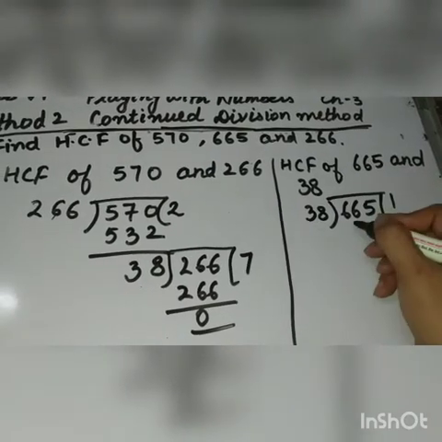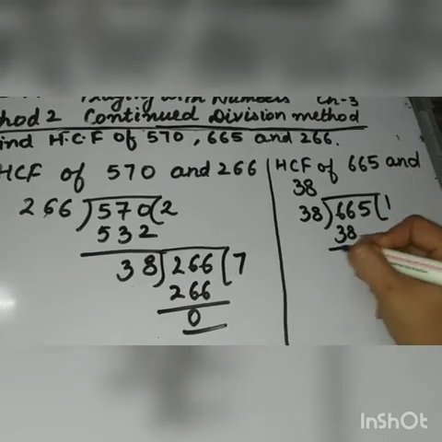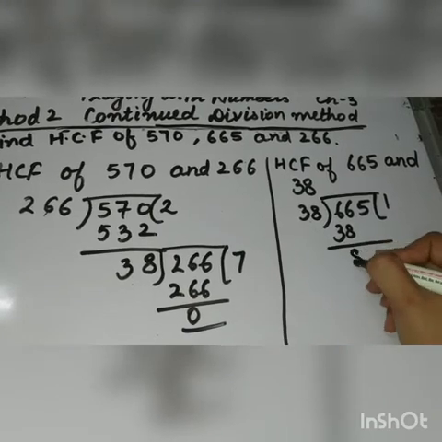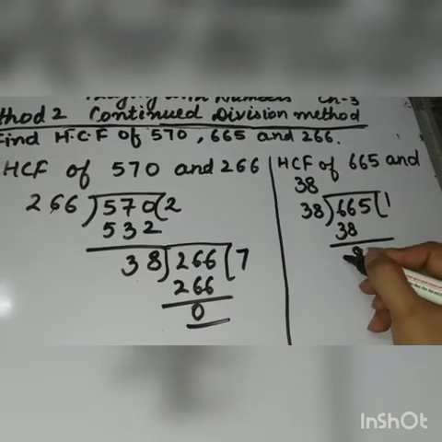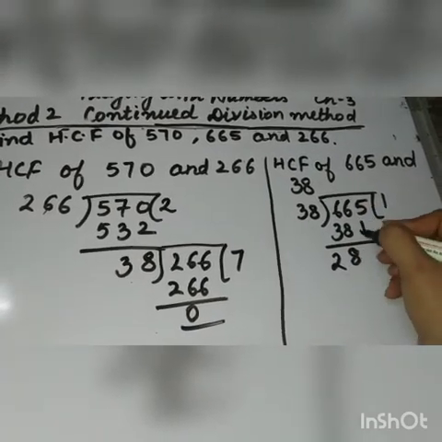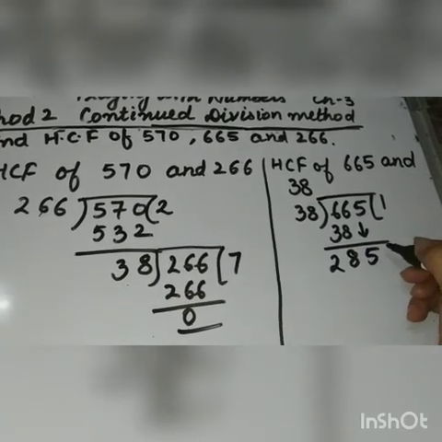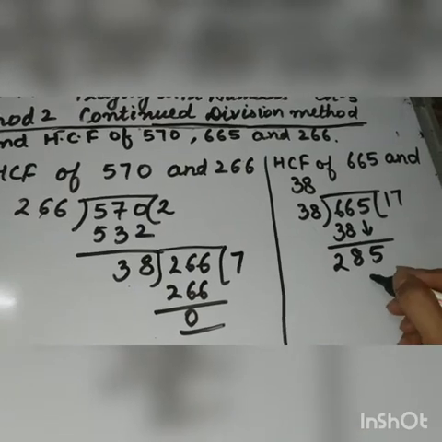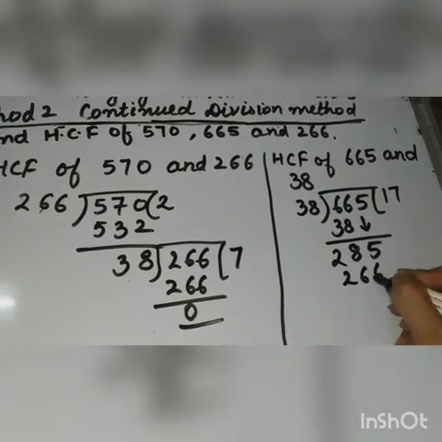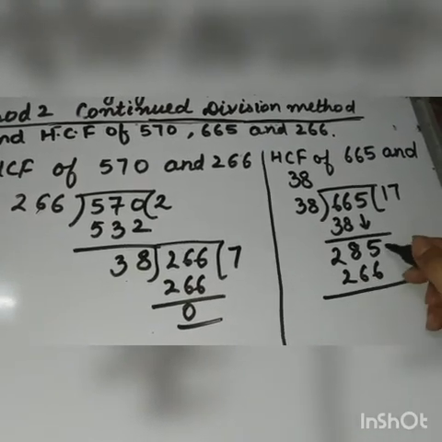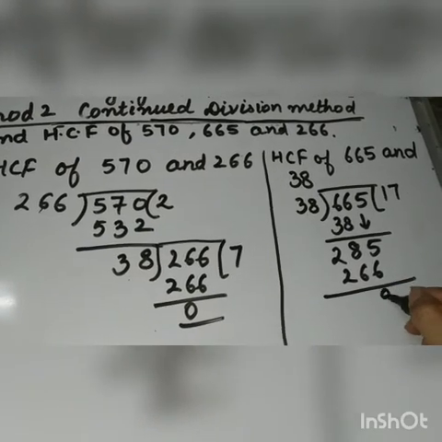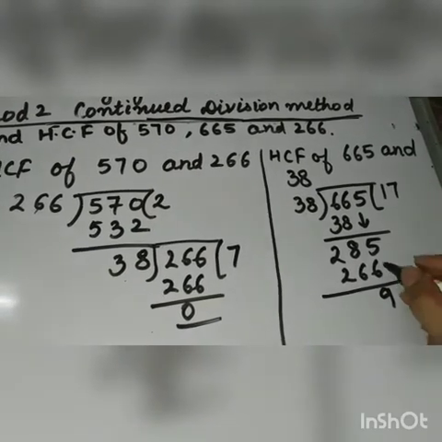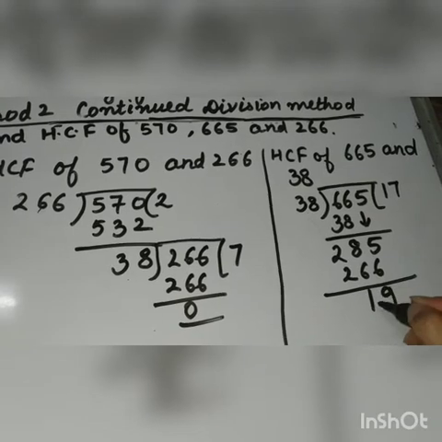Thirty-eight ones are 38. 16 minus 8 is 8, and 5 minus 3 is 2. This 5 will come down. And 38 sevens are 266. 15 minus 6 is 9, and 7 minus 6 is 1.